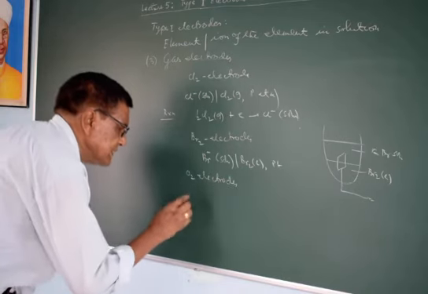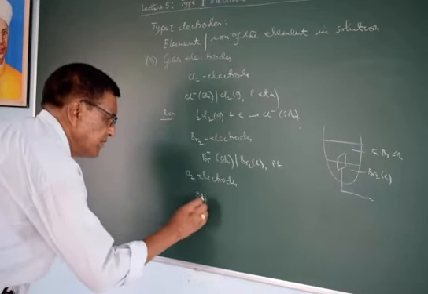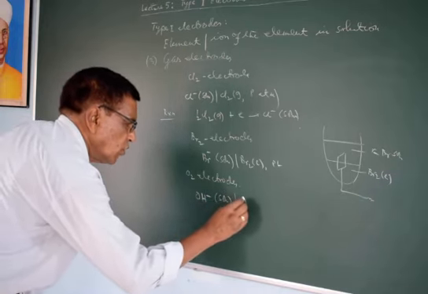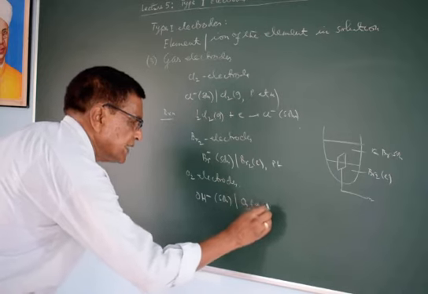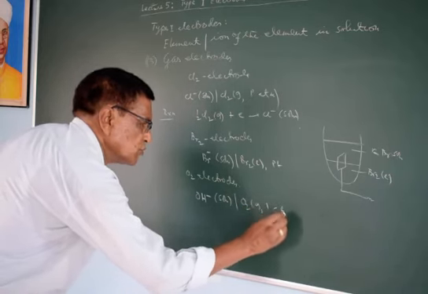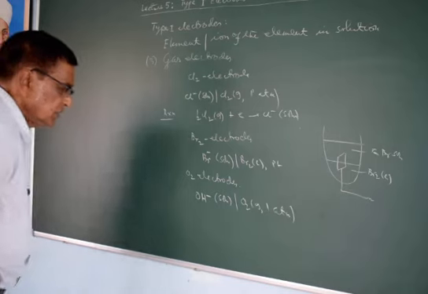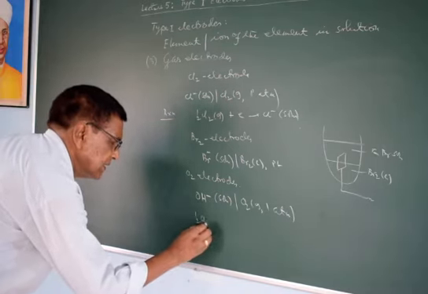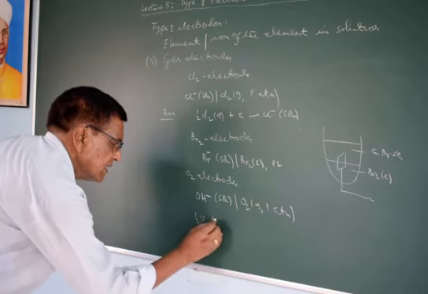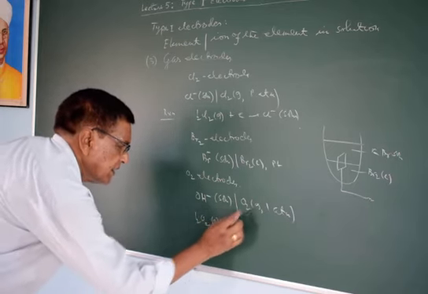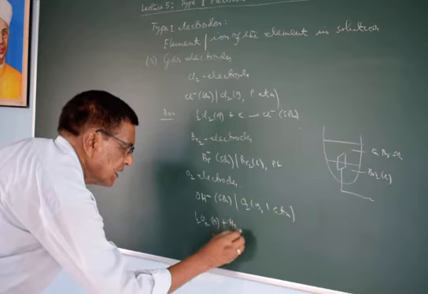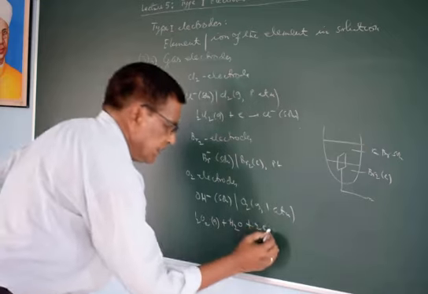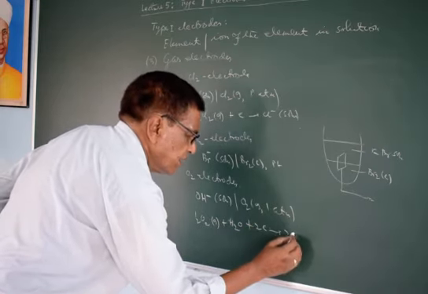It is also represented as OH- in solution and oxygen gas at 1 atmosphere normally. So the reaction is half oxygen gas plus water plus twice e giving twice OH-.